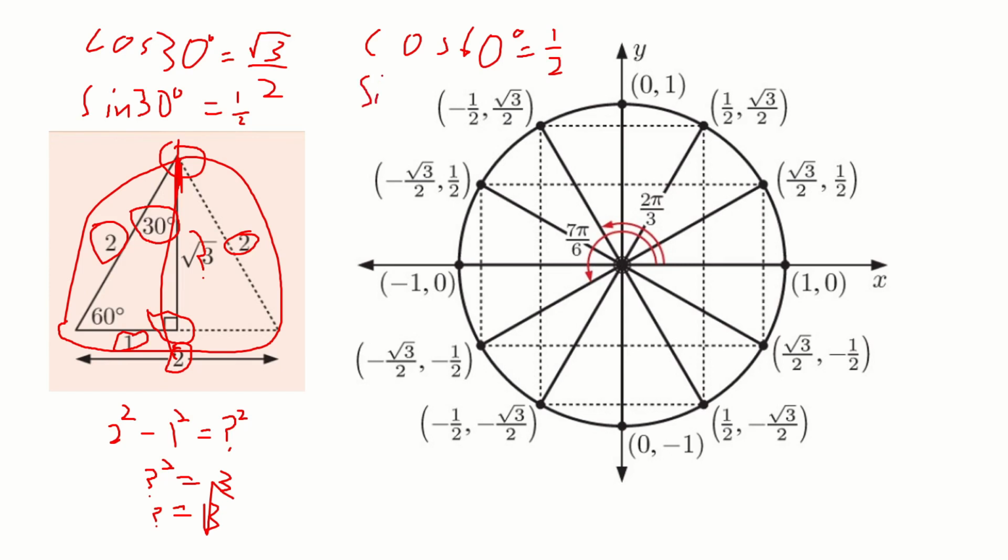So let's get this clear. The sine of 30 degrees and the cosine of 60 degrees are both 1 divided by 2. The sine of 60 degrees and the cosine of 30 degrees are both the square root of 3 divided by 2. You can probably tell this triangle is used for the memorization of the values I have just given you.